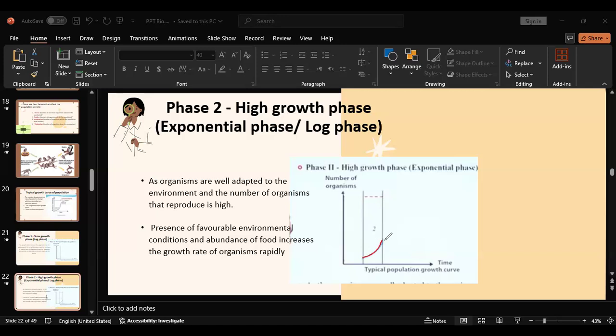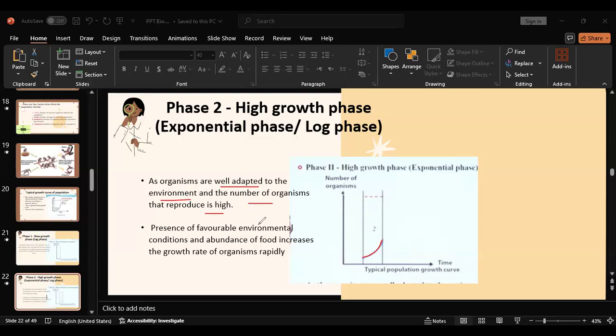So the next phase will be exponential. It increases rapidly. What are the reasons? Well adapted, and the number of organisms reproducing is high. Why? A lot of mature organisms are there.